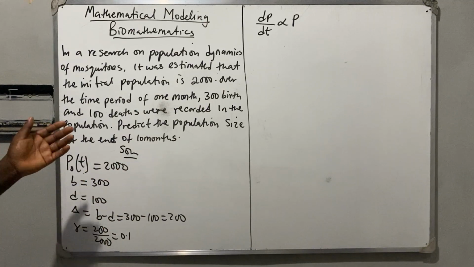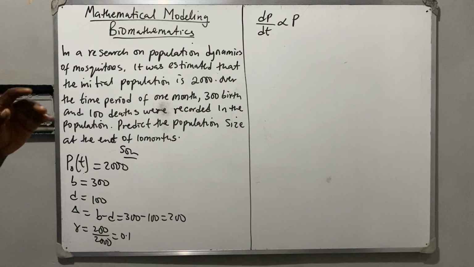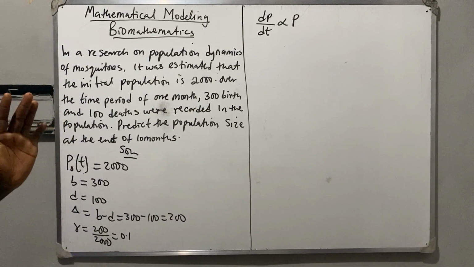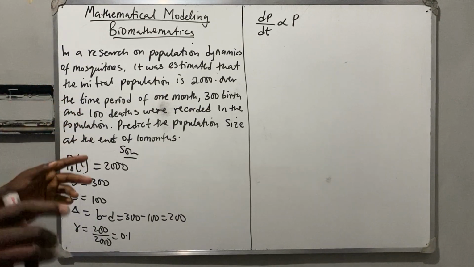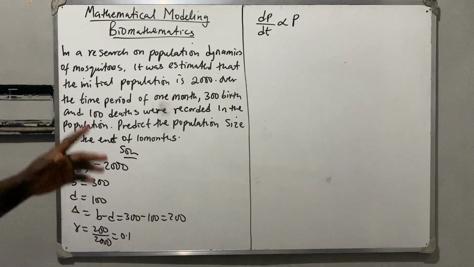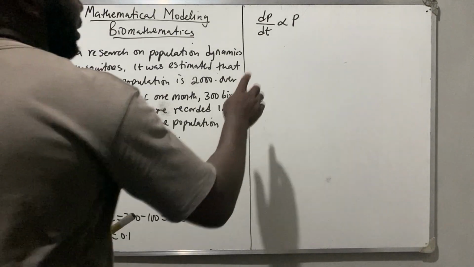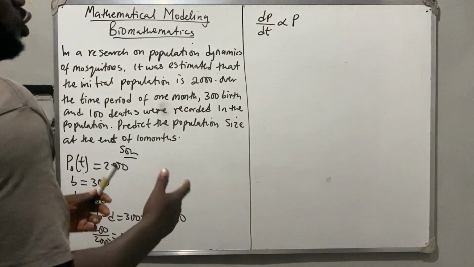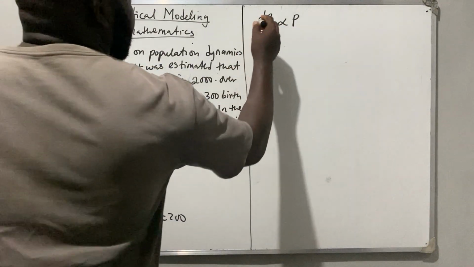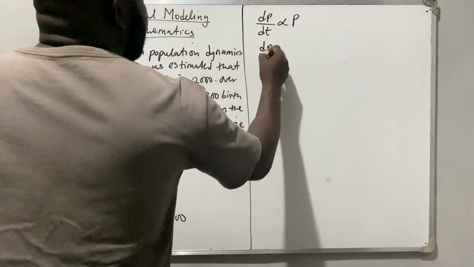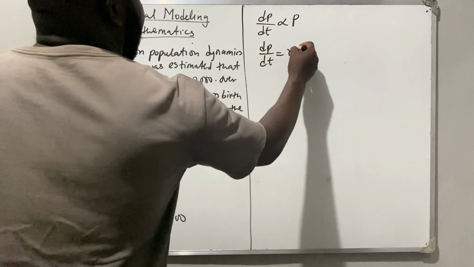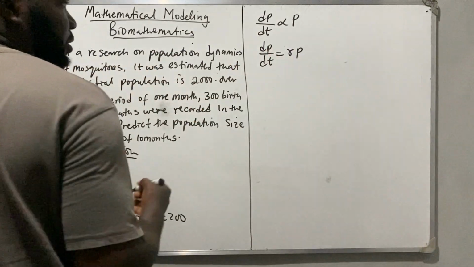This is the modeling of a population that deals with just birth and death, no other constraints. And if you remove the proportionality sign, we bring in a constant. So dP/dt is equal to rP.